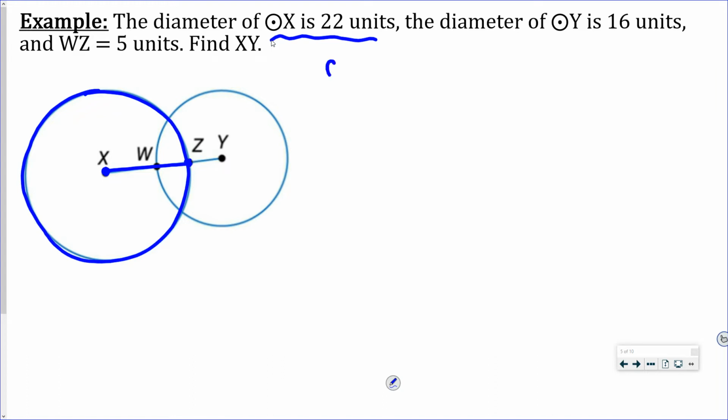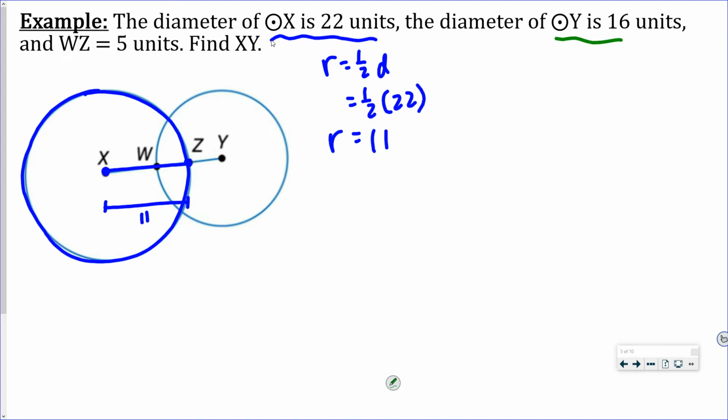So if the diameter is 22 units, what would the length of XZ be? Just 11. We'll label information as we go. You'll see why we need to know this length. In the end, we're going to figure out what XY is. So this distance right here, 11.